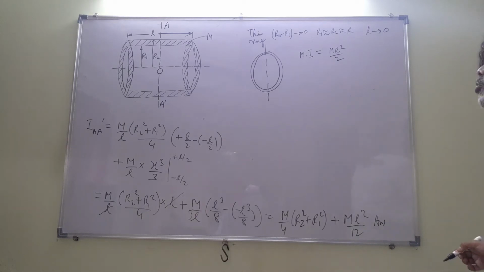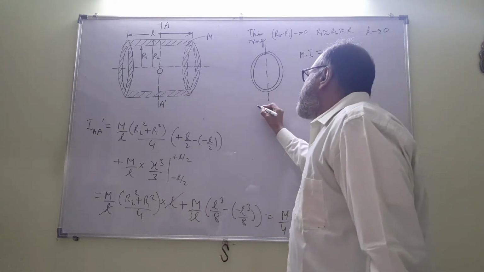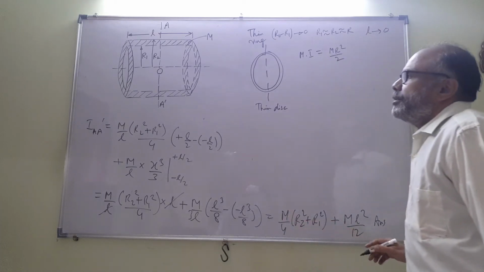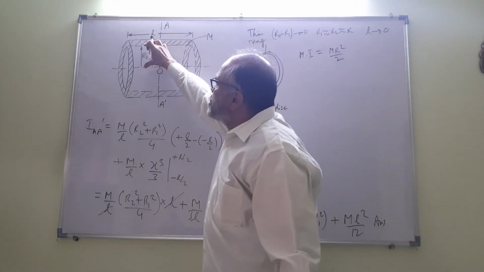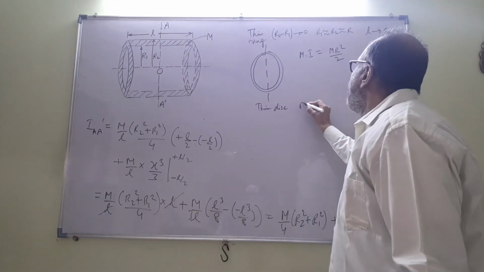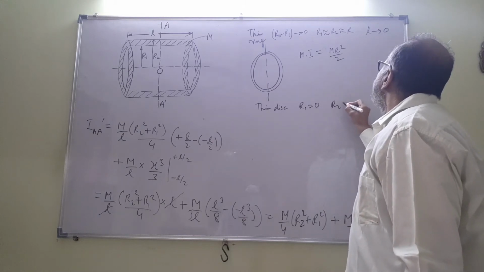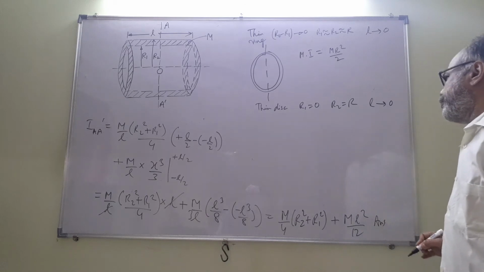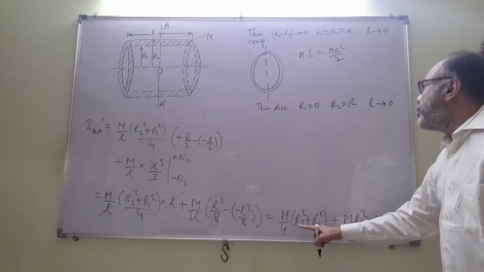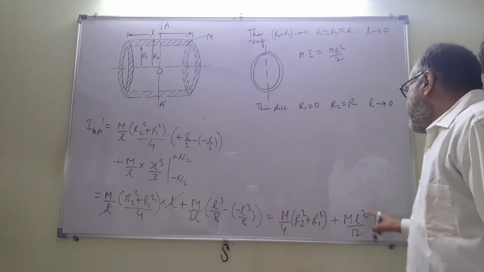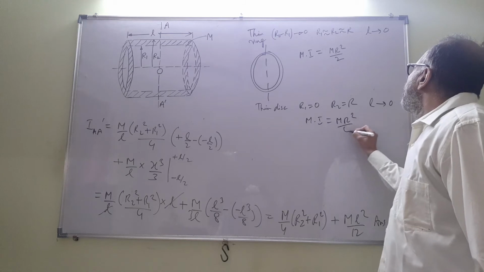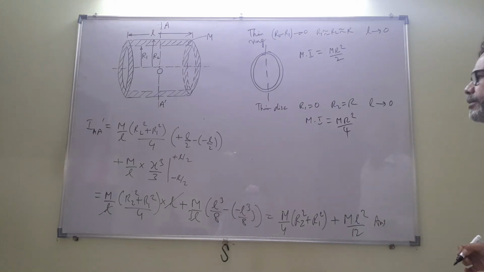What if it were a thin disc? Supposing it were a thin disc, since it is a disc, R1 is 0, and R2 is some R, and L tends to 0. So put R1 as 0 and R2 as R and L as 0. You will get the moment of inertia as mR squared by 4. That is a thin disc.